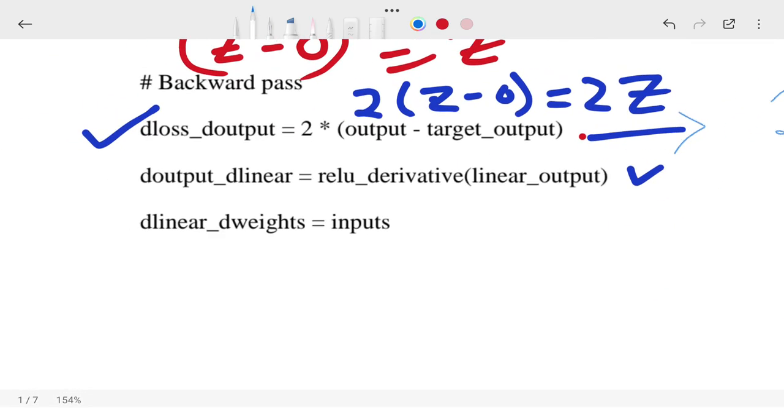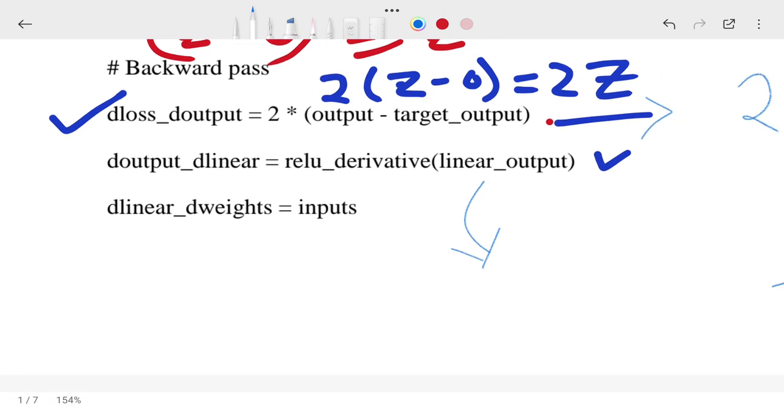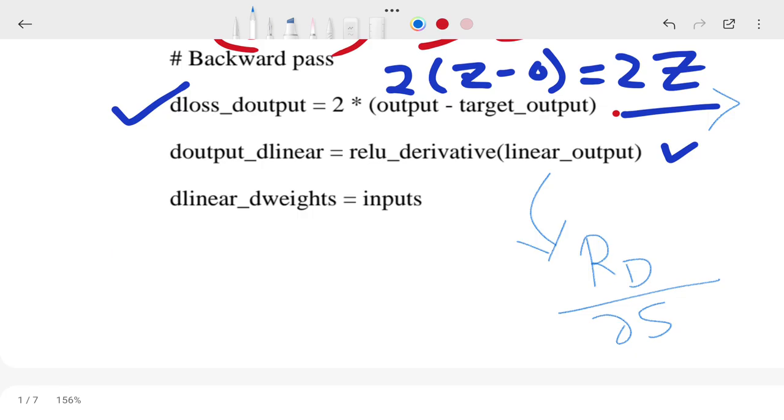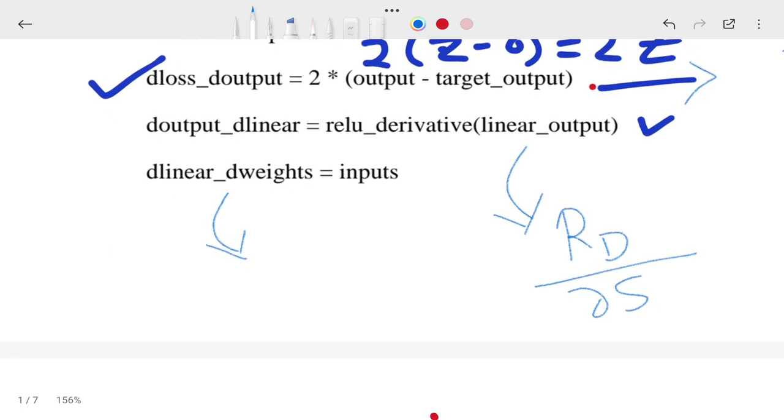Now second, what is the meaning of this? ReLU derivative with respect to sum. This is done. Now what is the meaning of this? This is the derivative of mul with respect to weight. Okay, this is the meaning of this. So this is all time input.